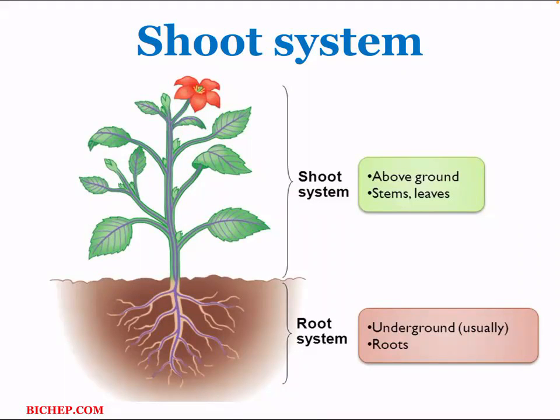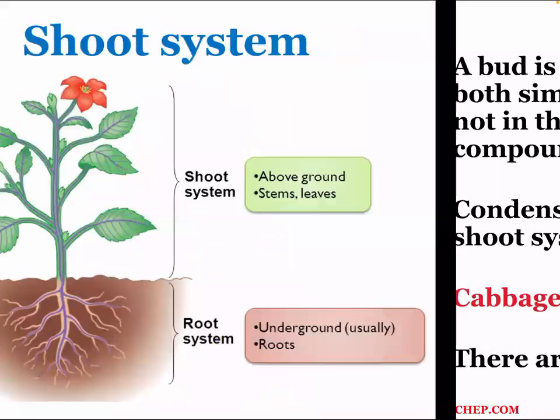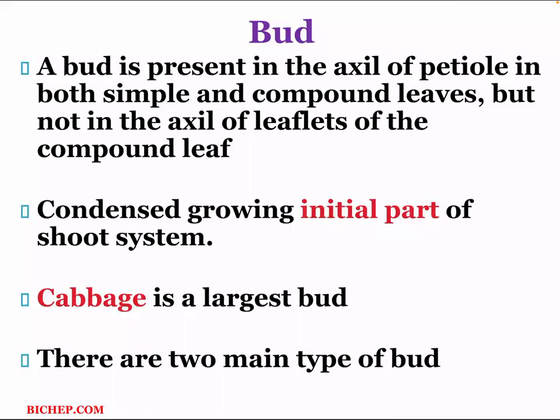Now, if you talk about the shoot system, let us focus on the second part of our chapter, that is the shoot system. The shoot system is actually the main axis of the plant body. I repeat, it is the main axis of the plant body.